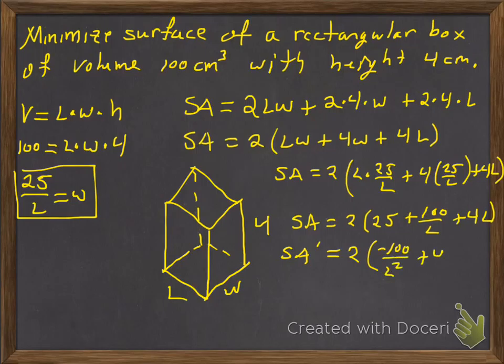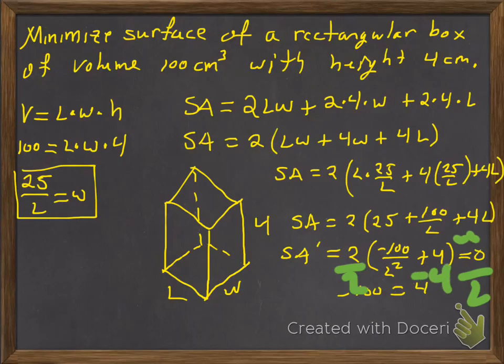plus 4. And we're going to set that equal to 0 because we're looking for horizontal tangents, and that's most likely where we're going to encounter minimums and maximums. Okay? So what we're going to do is, you can divide by 2. Okay? And then after we do that, we'll subtract 4 from both sides.